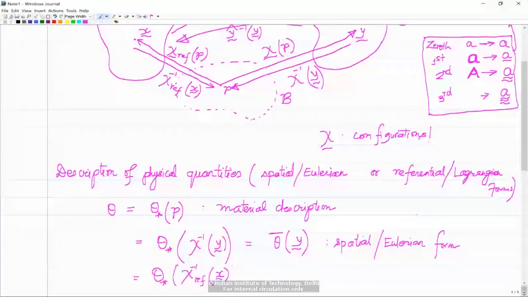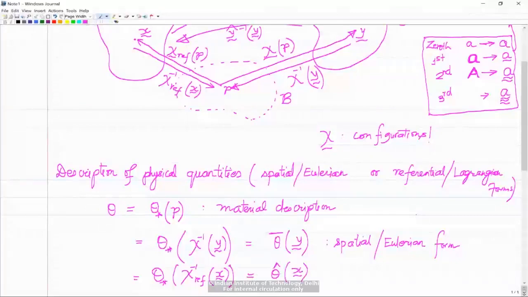So this can be thought of as a different function, theta hat, depending on the location of the particle in the reference configuration.